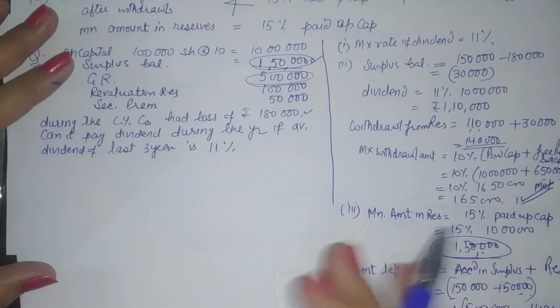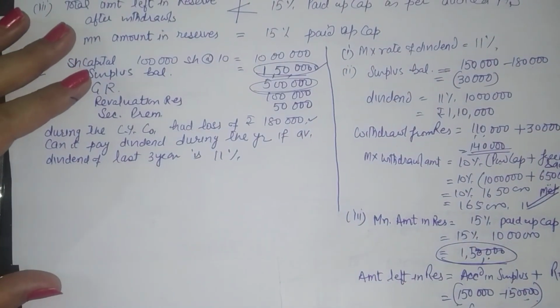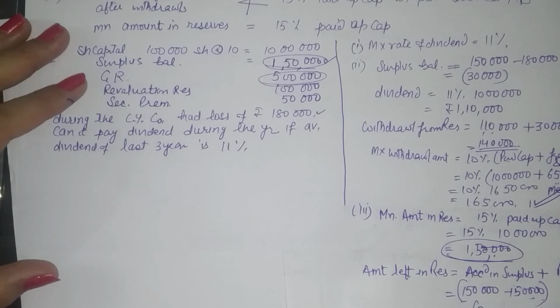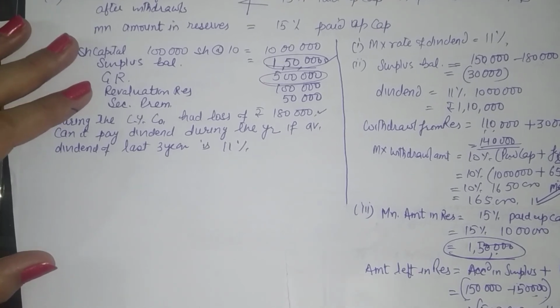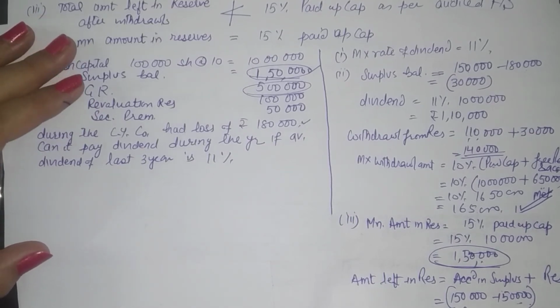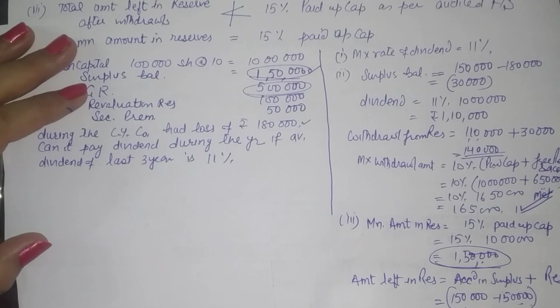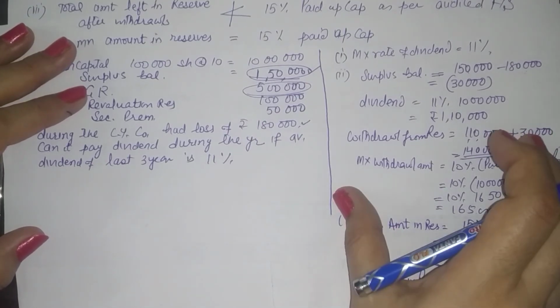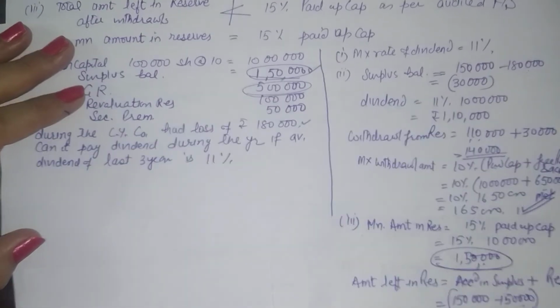So again, let us see, the dividend can be given out of surplus, out of free reserves, and out of the money provided by the government. The money which is given by the government is condition bound, so it will be used to pay the dividend as it is. But when we look at reserves, there are certain conditions. So you need to check the conditions while giving dividend out of reserves.